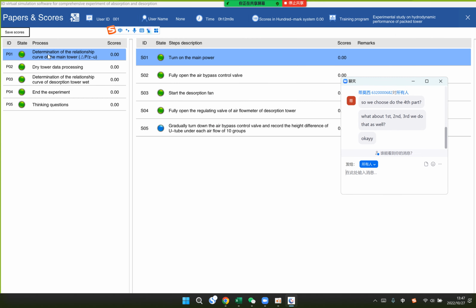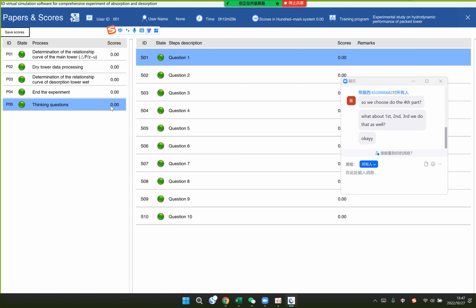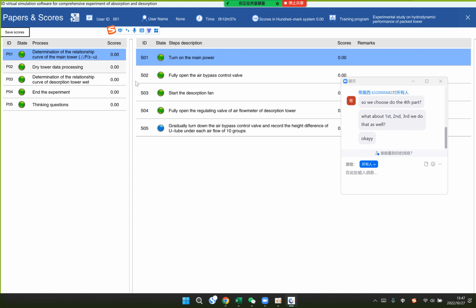First is the determination of the relationship for the dry tower data processing, and then the determination of the curve for the wet tower, which is the wet tower data processing. So it contains four parts. The last thinking question is something you have to answer in the report or in the experiment later. So we just follow the steps one by one.